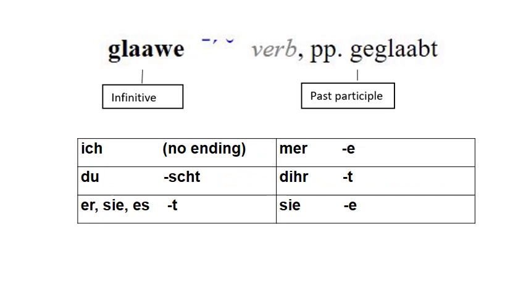So how does this play out in the present tense? We know to form our present tense, we take our infinitive, geloven, and we drop the E. So the E at the end there is going to disappear. We see our endings of the present tense.